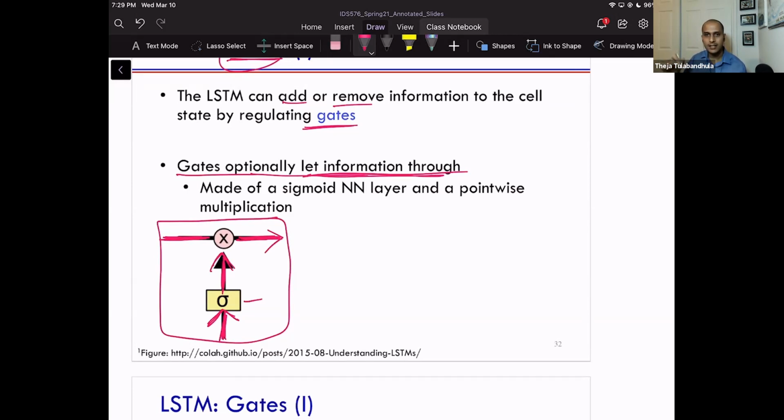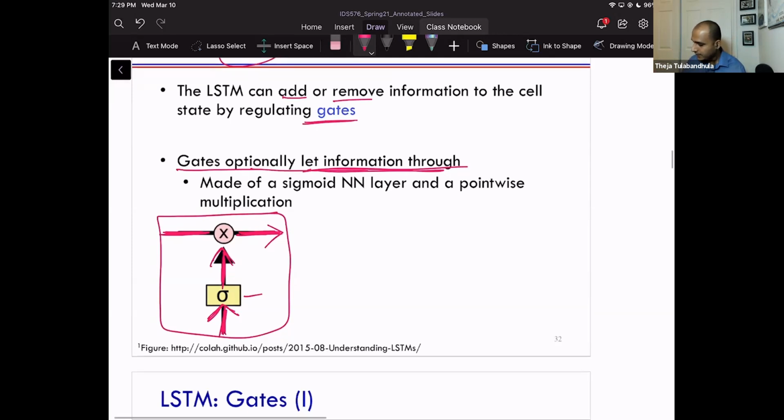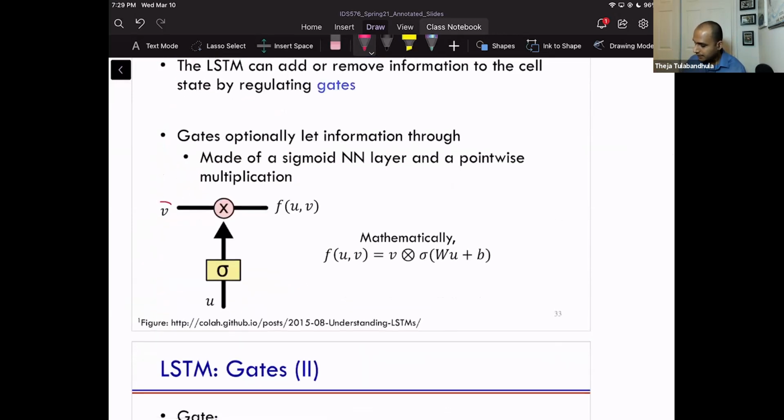A sigma on it just represents that the nonlinearity used there is a sigmoid transformation, very similar to the tanh transformation that we have seen before. So let's actually see what it is. We have a vector, and we have this gating process, and we get an output. We have the incoming vector, and we have another vector, which is this vector u here.